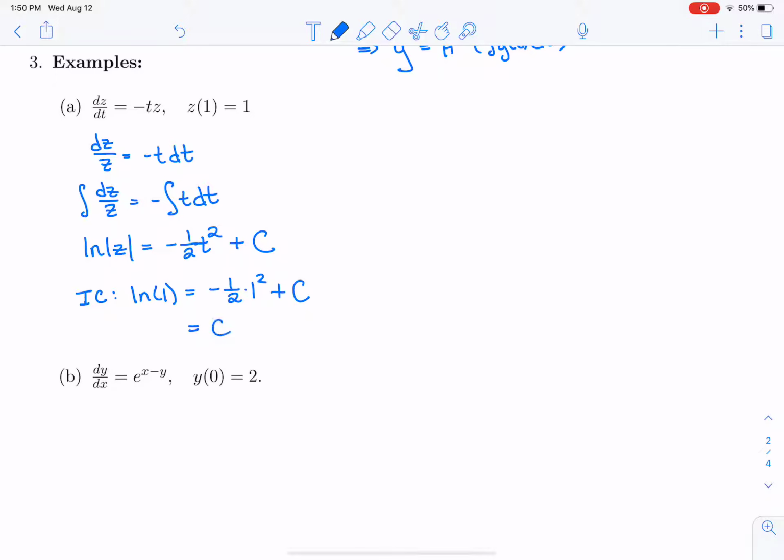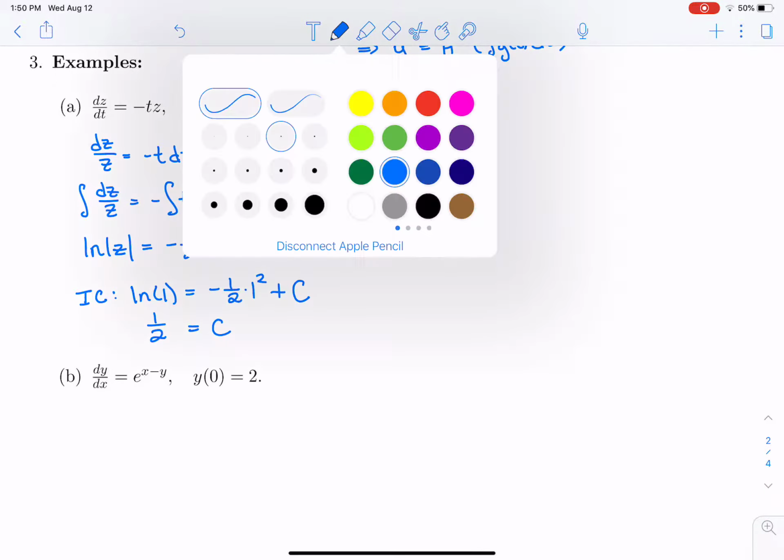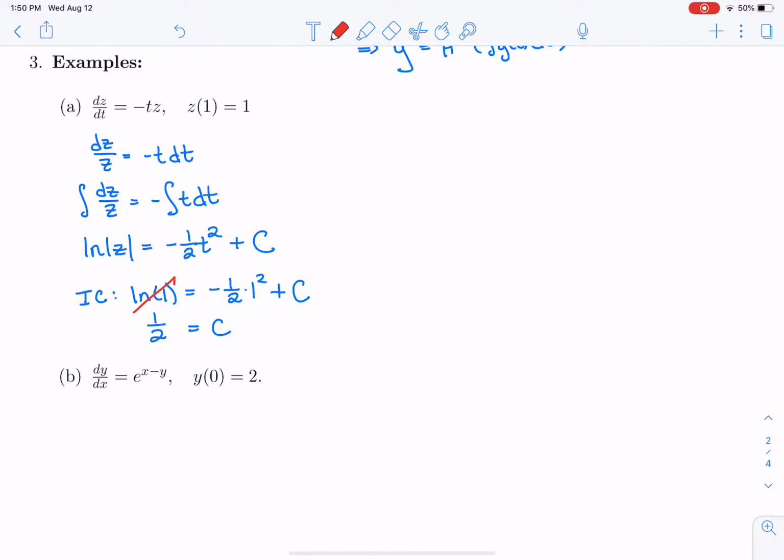So c is going to equal 1/2. Okay, that's going to give me my constant, c. Okay, so I have the natural log of the absolute value of z is going to equal minus 1/2 t squared plus 1/2.